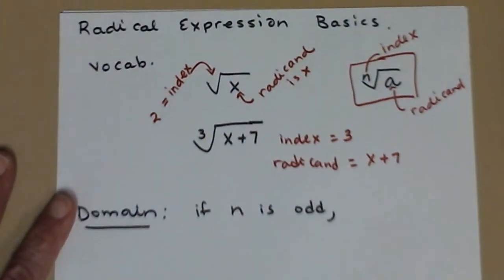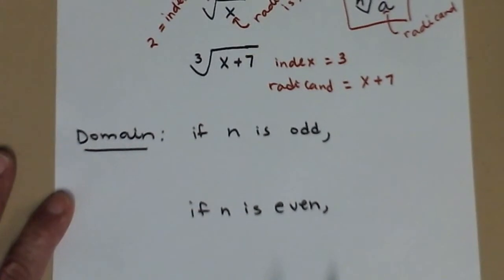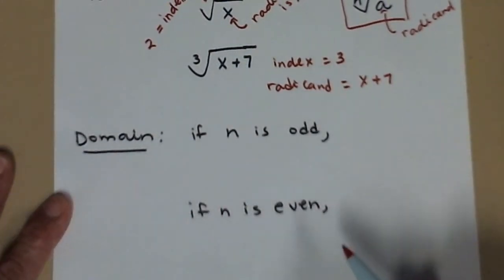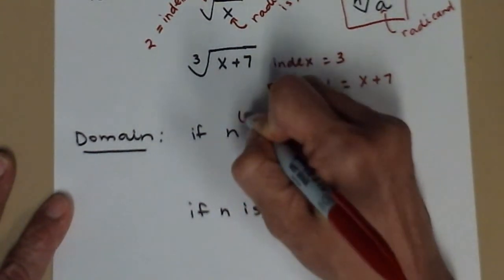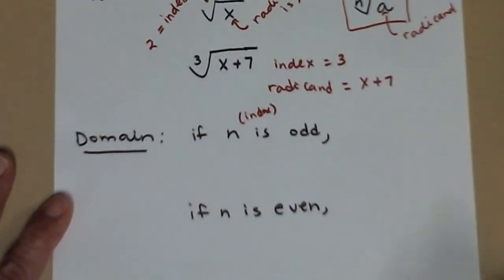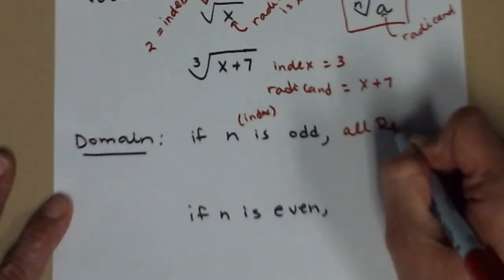So now let's talk about the domain. Since you all know about functions, it has to do with what we're allowed to take roots of. If n, remember the index, is an odd number, the domain is all real numbers.